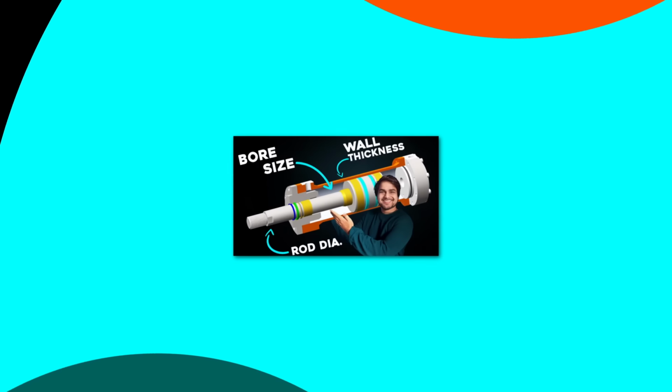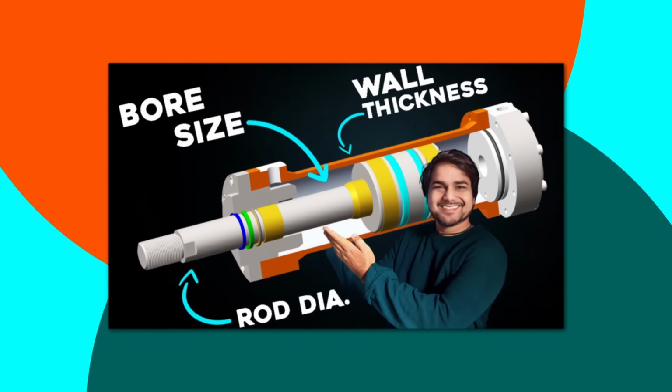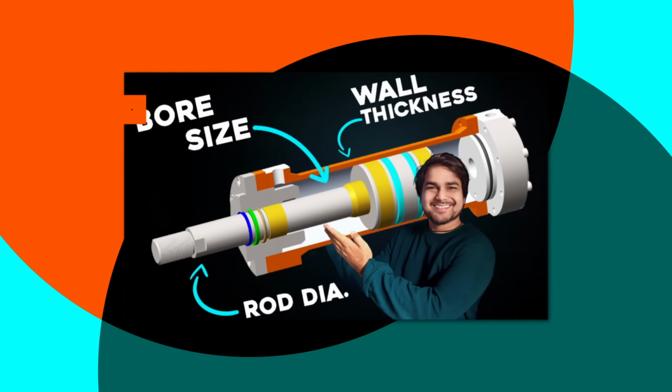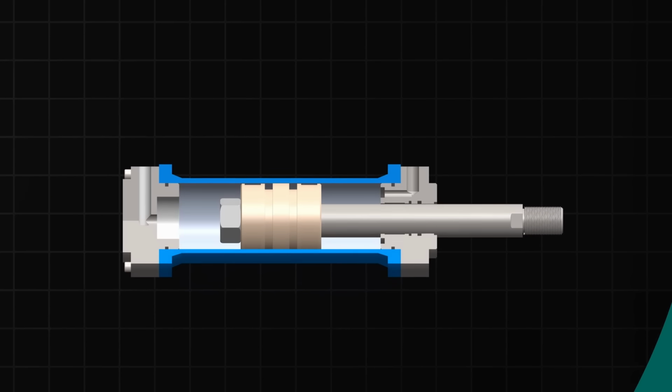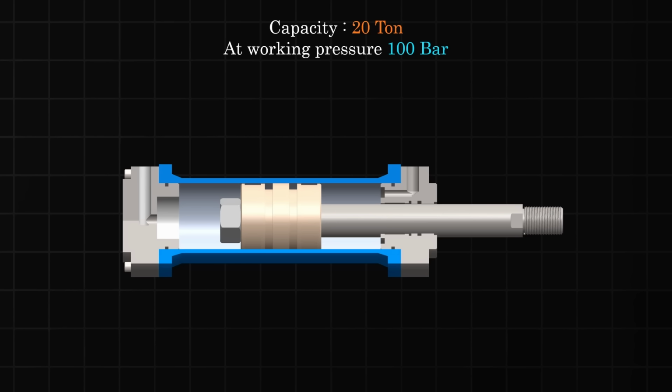So in the previous video, the complete guide to hydraulic cylinder sizing calculation, we calculated the component sizes for a hydraulic cylinder with a 20-ton capacity and a working pressure of 100 bar. You can find the video link in the description.